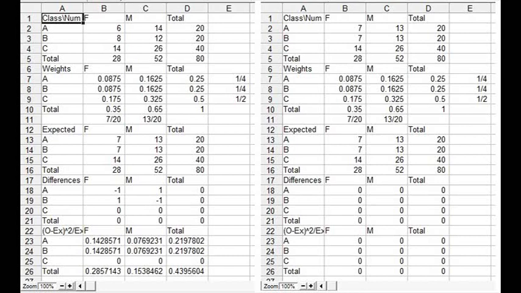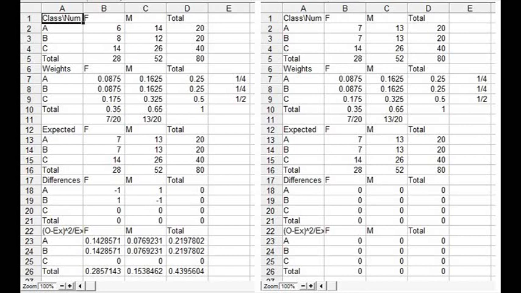Now we take those weights times the grand total of 80, and we get for classes A and B 7 and 13 respectively, and for Class C we get 14 and 26, and you add them all up and you get again 80.